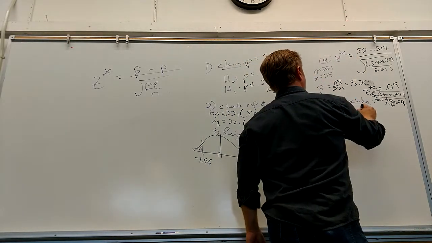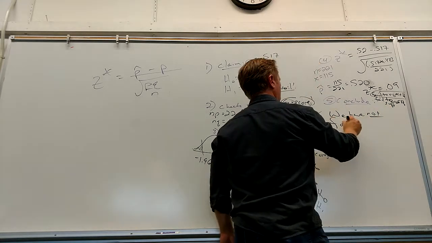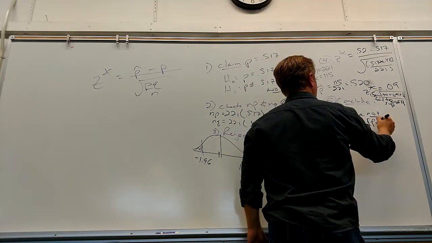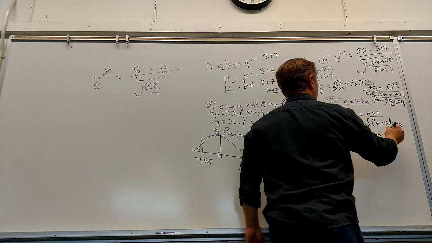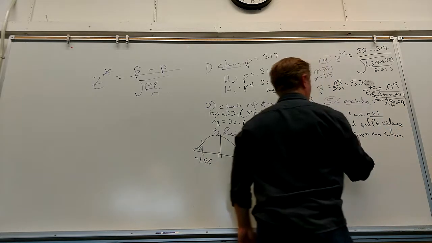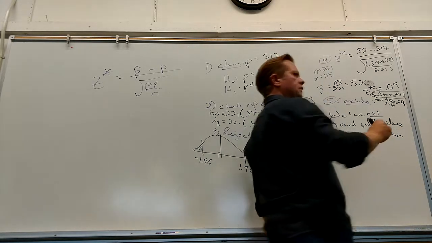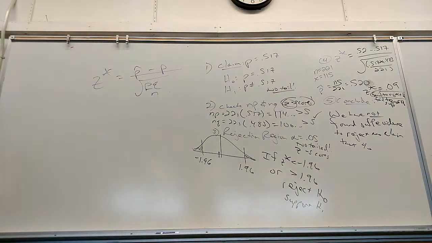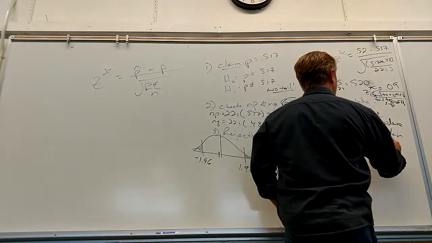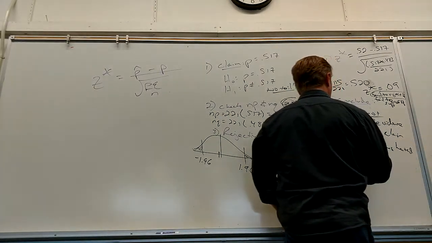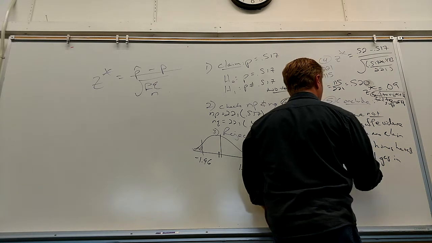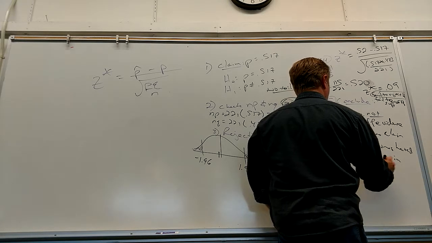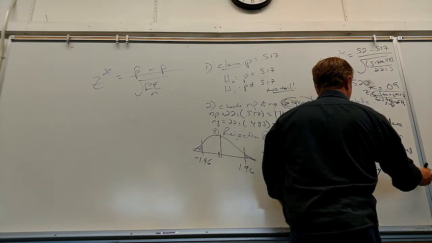We have not found sufficient evidence to reject the claim that the percentage of homes heated by natural gas in Kentucky is 51.7%.